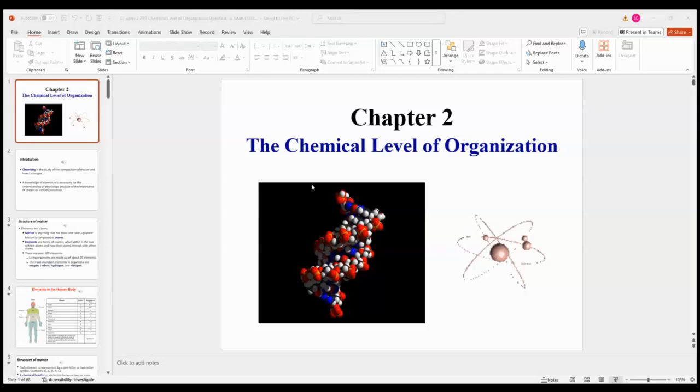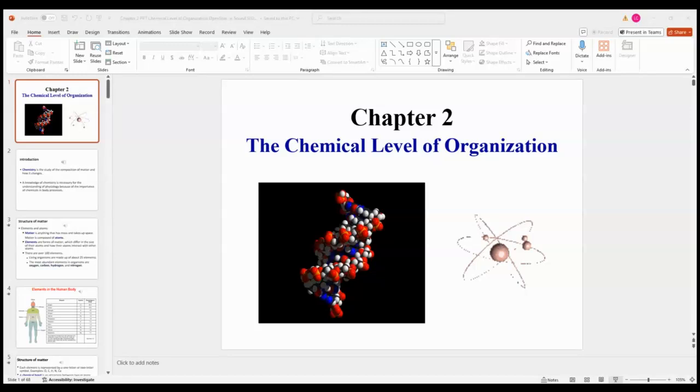But a structural formula tells us a little bit more information, and it tells us about the shape, or the structure of the molecule. So this would be H2, 2 hydrogens.